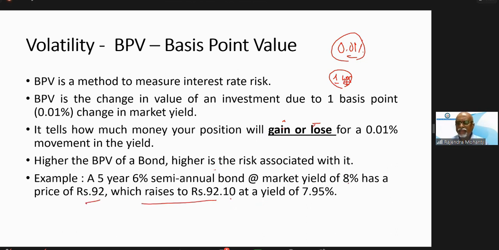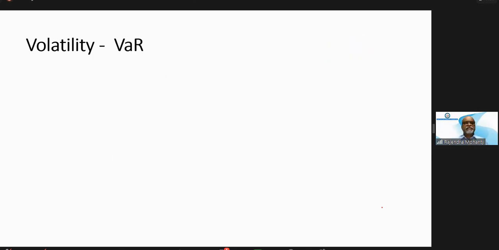That is the formula of BPV. Here the question is given: the price was 92 and it has come to 92.10, when the market rate was 8 and 7.95. Calculate BPV. For 0.05, X was the change, so for 0.01, what will be the change? That is the BPV. What more formula do you want?